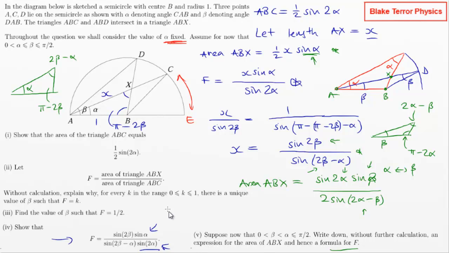So F, ABC is still this. And the halves are still going to cancel. So we're doing all of this without the 2. So this 2 goes away. Oh, and we're going to cancel the 2 sine 2 alpha as well. So we're going to get sine beta divided by sine 2 alpha minus beta.